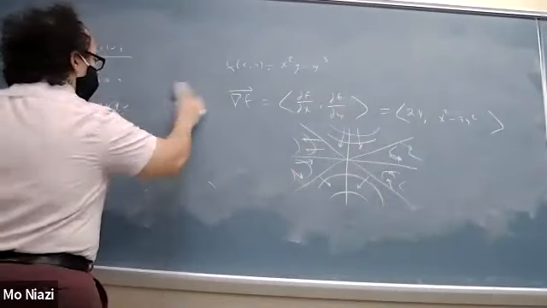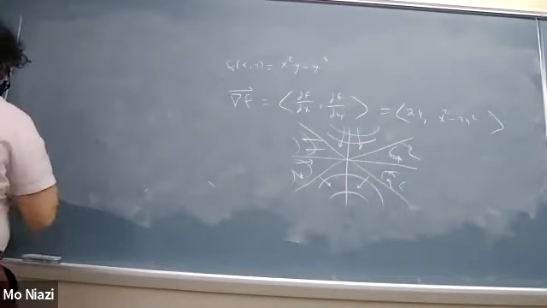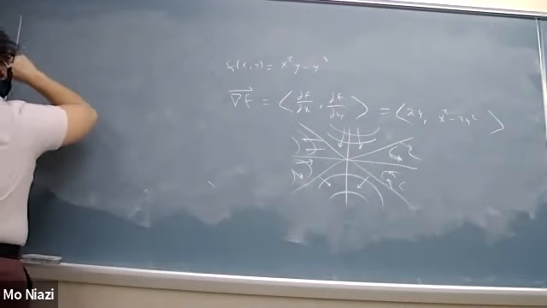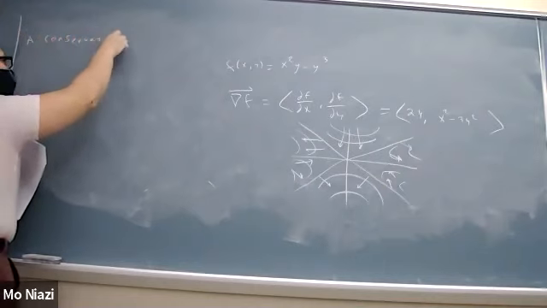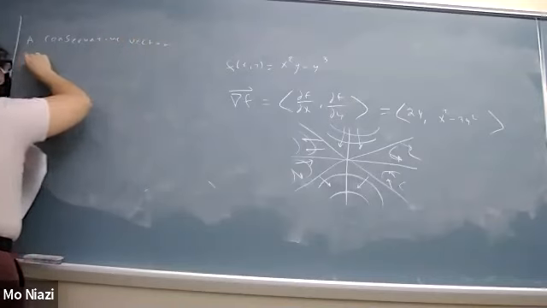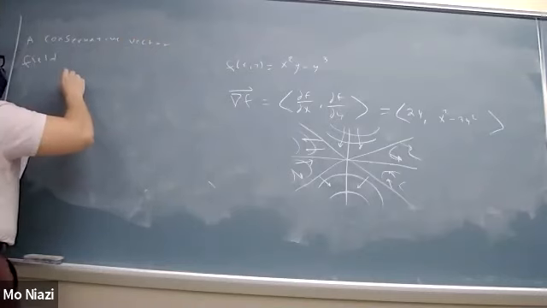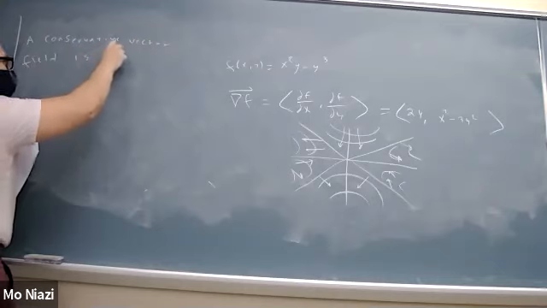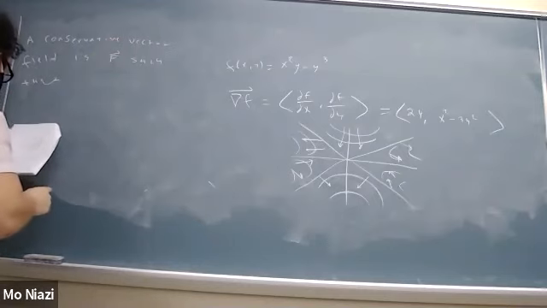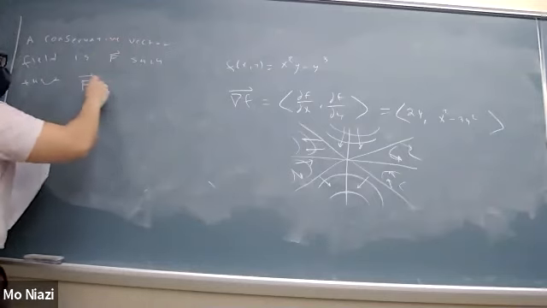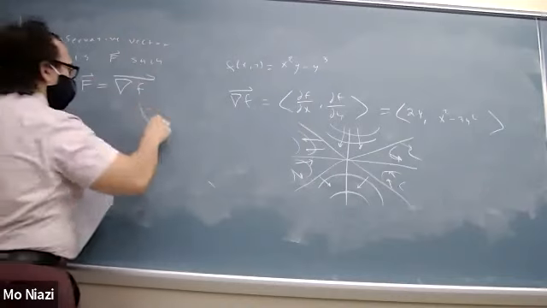I'll just tell you what that is defined, and then a conservative vector field is some F such that it's equal to the gradient of some potential function, where this f is the potential.